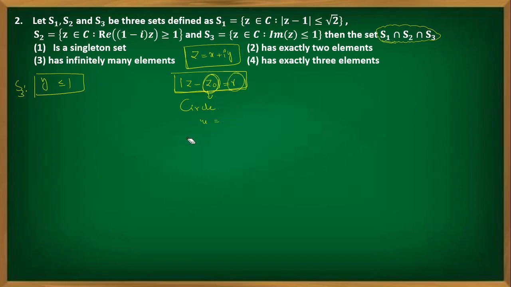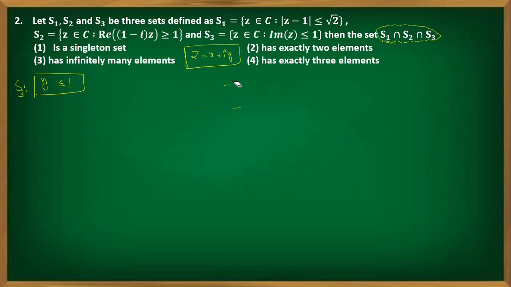So instead of the equal symbol, if I write modulus of z minus z naught is less than or equal to r, it represents the area inside the circle. Equal to r is a circle, less than or equal to r is inside the circle, greater than or equal to r is outside the circle.